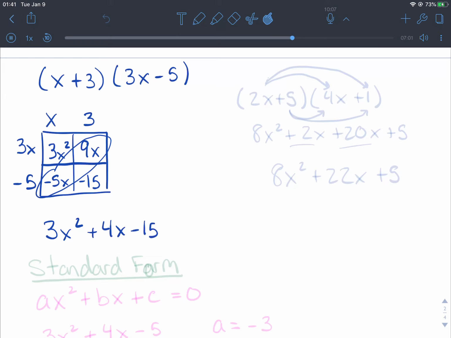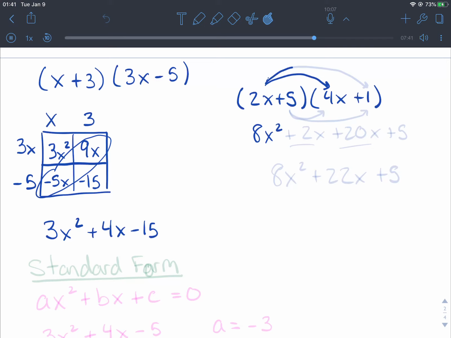All right, so let's do another example, but this time we'll do the FOIL method. When you guys are doing this, it doesn't matter to me if you want to do the box method or the FOIL method. They're literally the same exact thing. So for this one, let's do 2x plus 5 times 4x plus 1. So the first numbers, 2x times 4x is 8x squared.